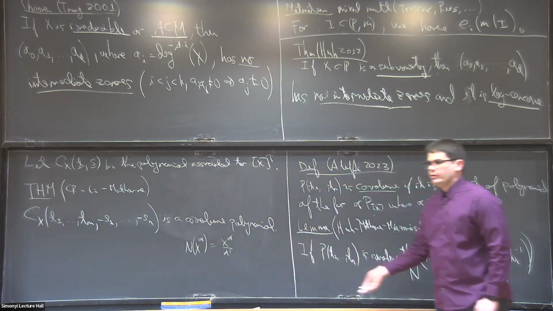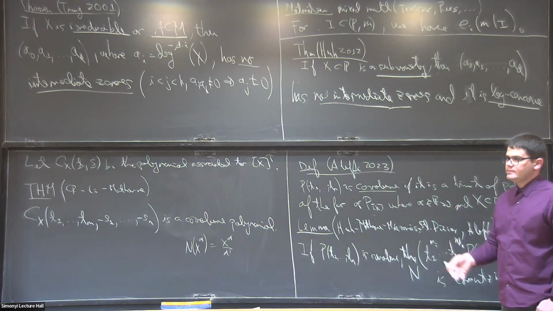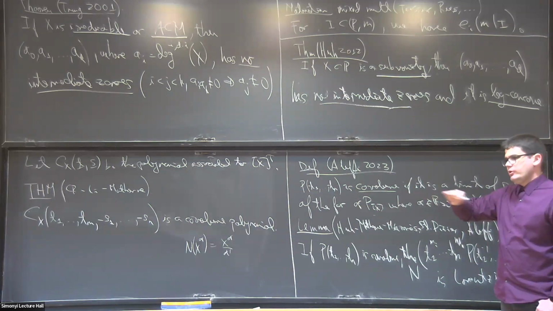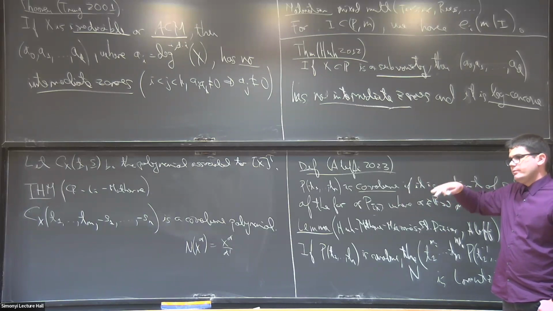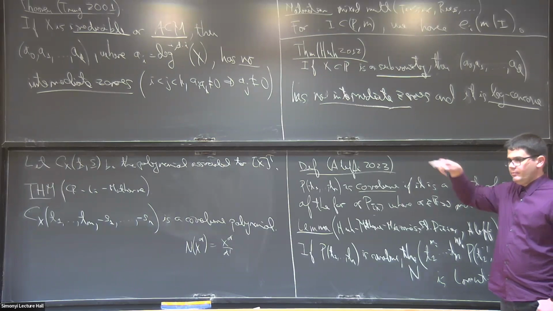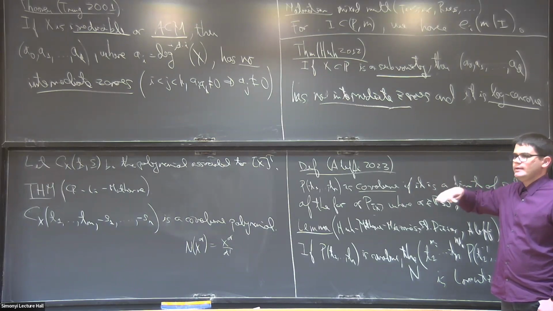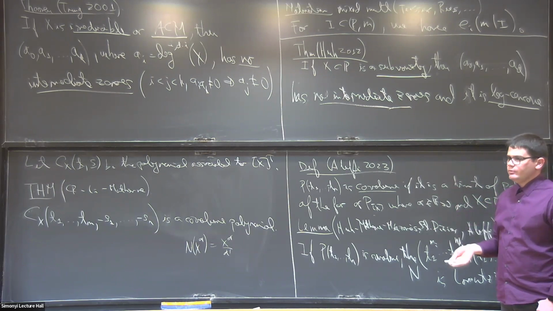Because many times a polynomial is not Lorentzian, but its normalization is. So for instance, if you have a polymatroid, and for each point of the polymatroid you create the polynomial associated to that polymatroid, that by itself is not Lorentzian, but its normalization will be Lorentzian.